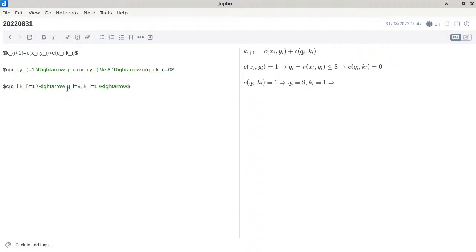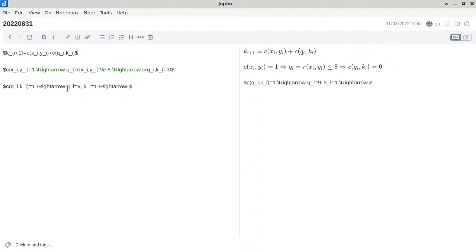It has to be 0. Why is that the case? Because it doesn't have a carry, because we have qi being 9 and ki being 1. Yes, it has to do with qi being a 9.